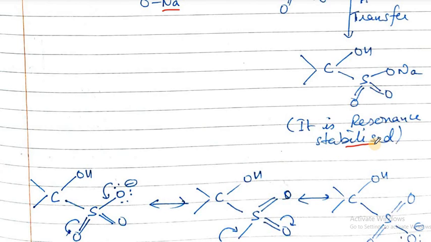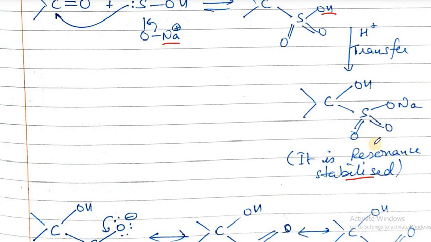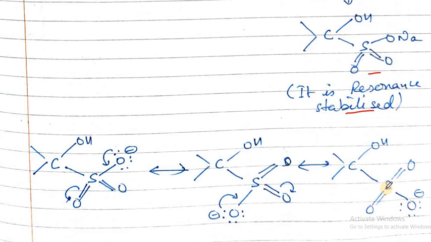Why does the proton transfer take place? This is the product. It takes place because the product formed, in which sodium and hydrogen are mutually exchanged, is resonance stabilized, as this sulfur has three oxygens.